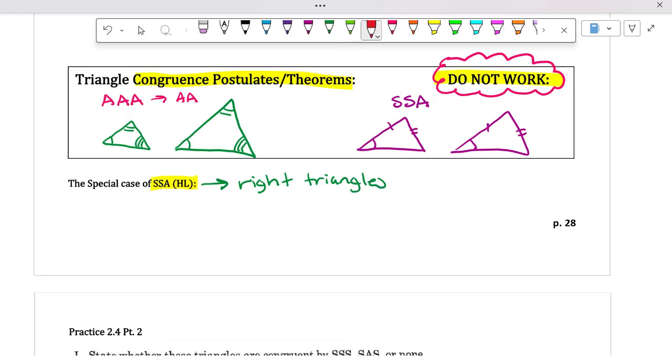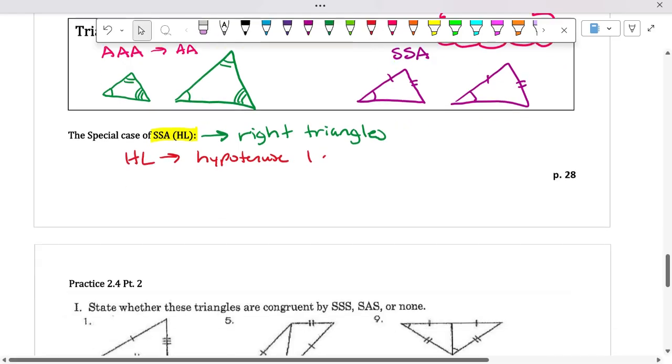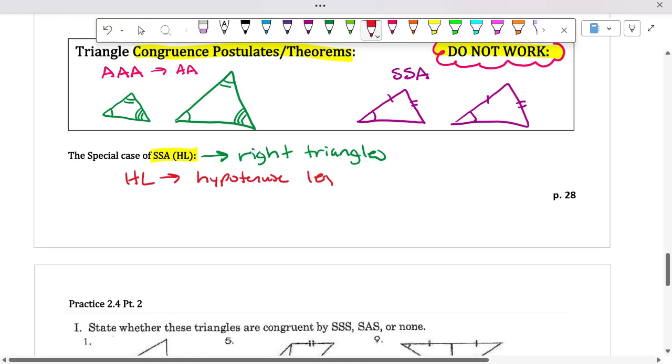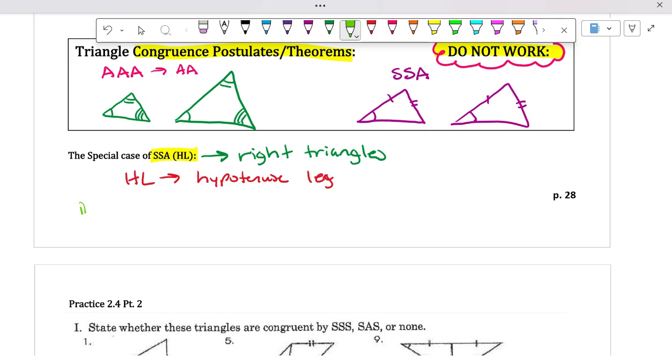In other words, HL means hypotenuse leg. Which states that in a right triangle, so it specifically has to be a right triangle.